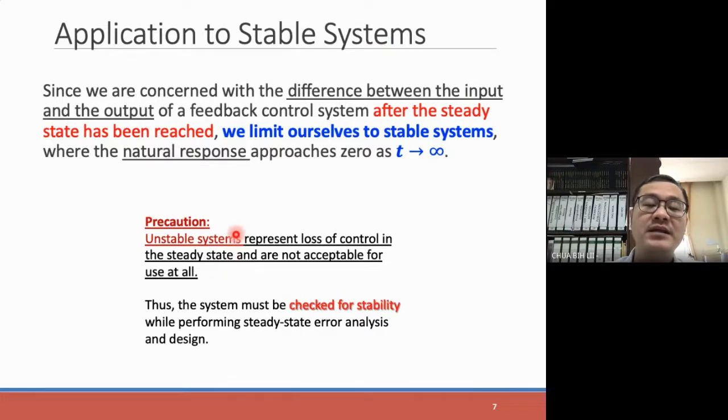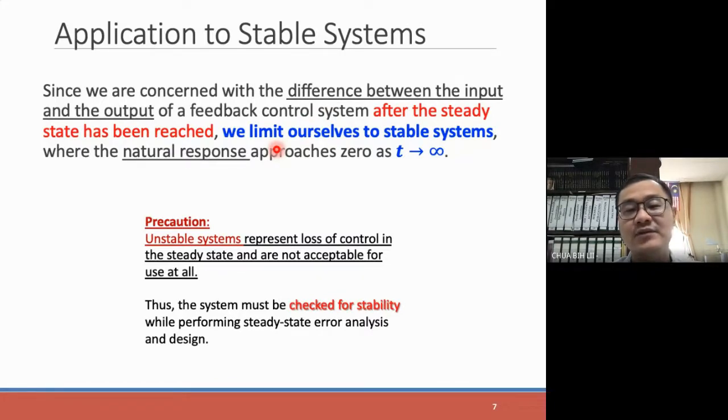In the next chapter, we will learn how we can identify whether the system is stable or not. That is where you first check whether the system is stable, and only then do you look for the steady state error. If the system is unstable, you do not have to check for steady state error anymore, because it will never be a steady state.